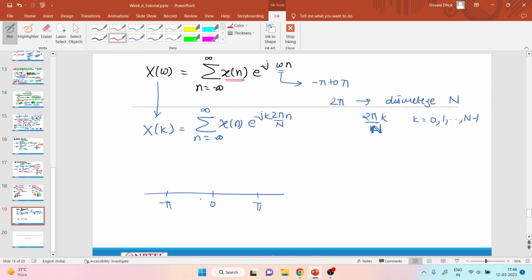So the same signal repeats after every 2 pi. I'll discuss this in detail when we do DTFT. I just want to have a conceptual high level view. This periodicity I'll discuss when we discuss DTFT for sure.